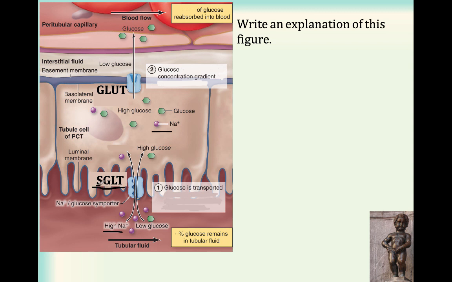This is a sodium-glucose linked transporter, so glucose is using the sodium concentration to move into the cell. Then the glucose will move through a GLUT molecule to get out of the cell on the other side, move into the interstitial fluid, and from there into the blood and be carried back to your body so that it can be used as an energy source.